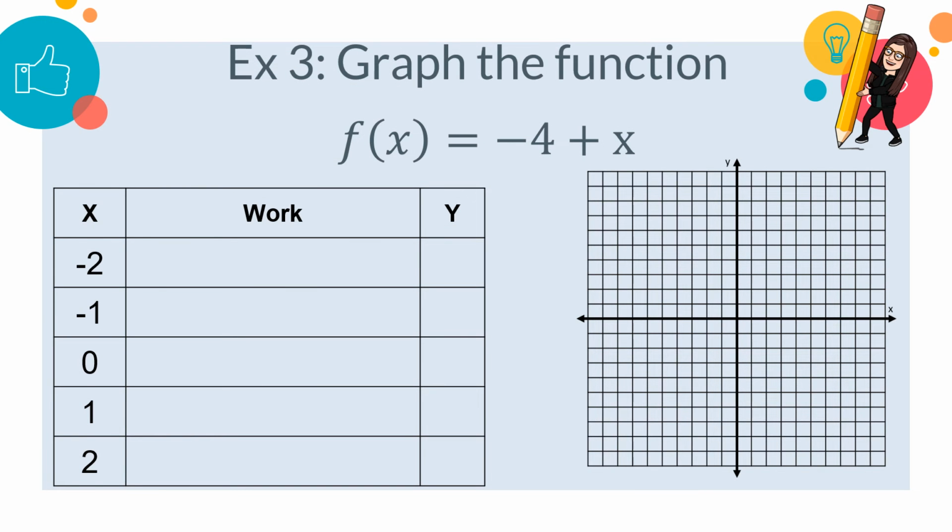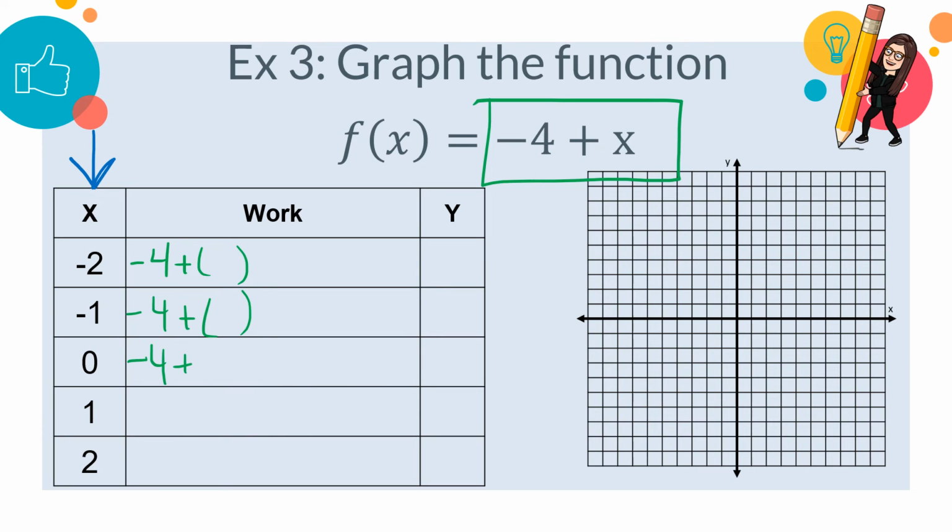Let's try another one. Use or choose 5 x values, and I provided them in this example. Next, we want to use the given rule, -4 plus x. But instead of x, I'm putting parentheses.